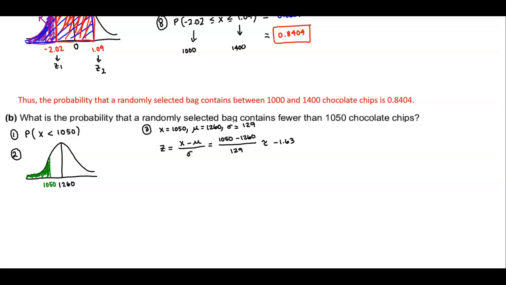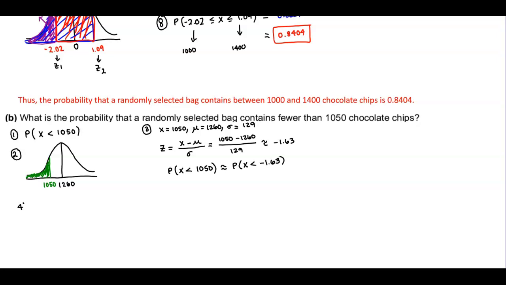So what it's saying here is that we want to find the probability of x being less than 1050, which is the same thing as the probability of x being less than a z-score of negative 1.63.